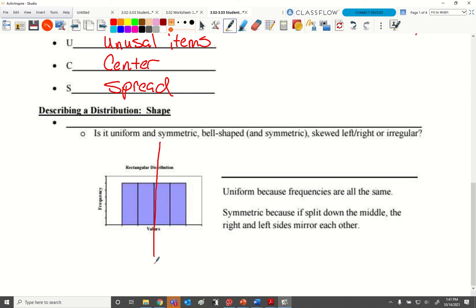So I could tell if it's piled up on the right-hand side to be skewed left, if it's piled up on the left-hand side, if it's skewed right, or it is symmetrical, like this one is here, and it is uniform because they're all the same size. That's uniform, all the same size. Does that make sense? Okay, so I'm going to move on from here.